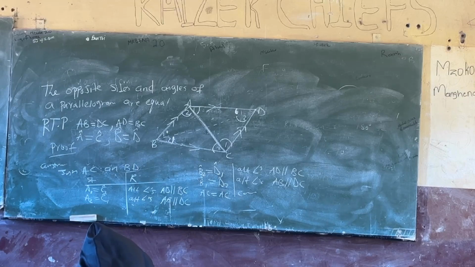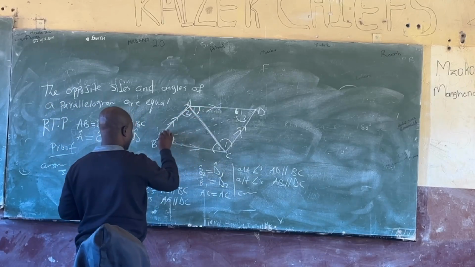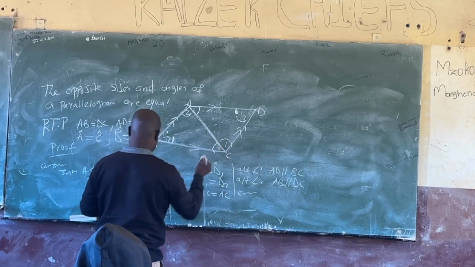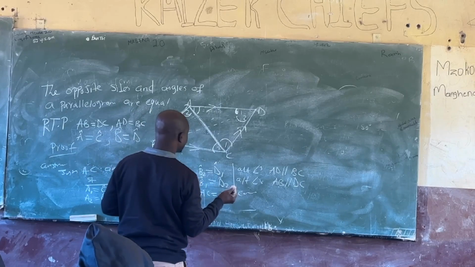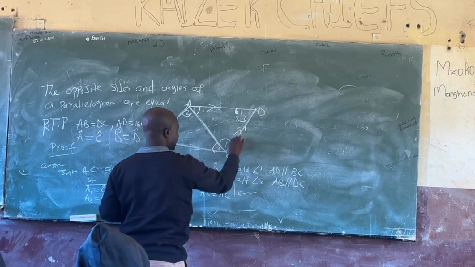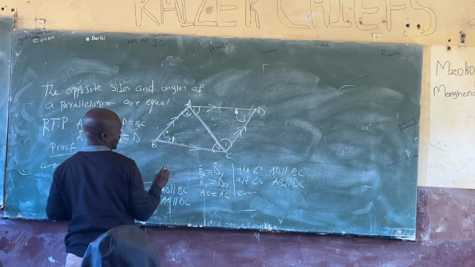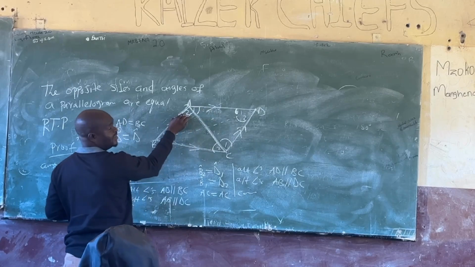Which triangles are common now? Triangle ABC. Triangle what? A, B, C is common to angle ABC. Look, this angle.